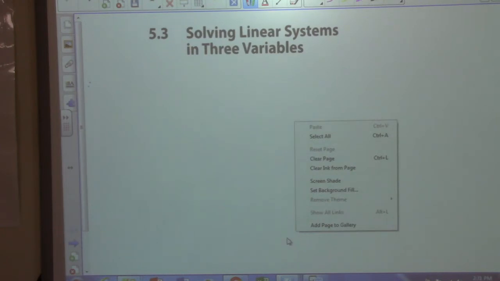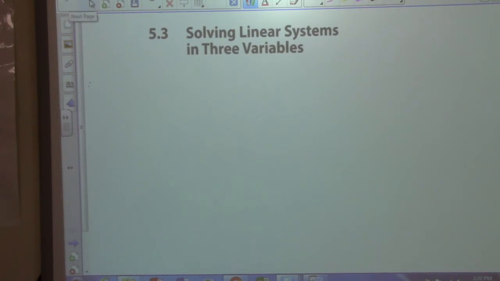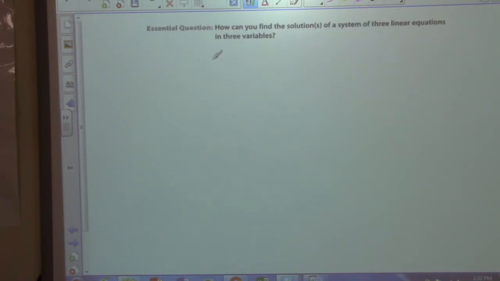Now what we're doing here is we're extending your prior knowledge and going into a system with 3 variables. And so here we have the essential question: how can you find the solution or solutions of a system with 3 linear equations in 3 variables?